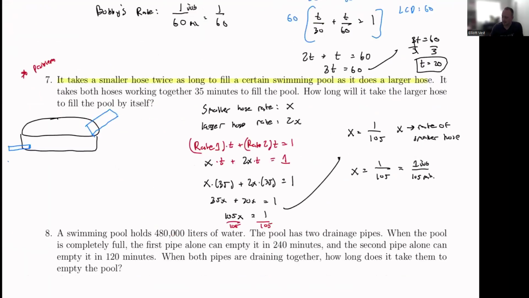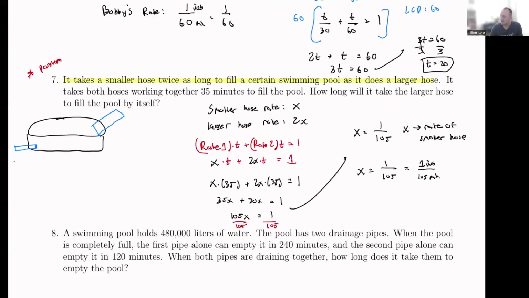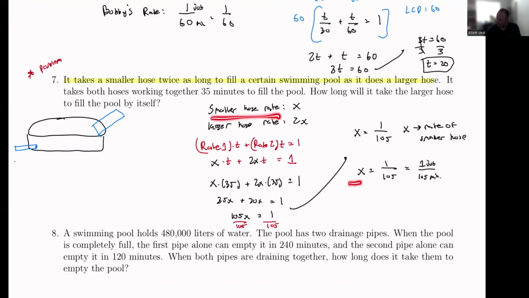The question is asking, how long will it take the larger hose to fill the pool? Well, I know how long it takes the smaller hose. The smaller hose takes 105 minutes.